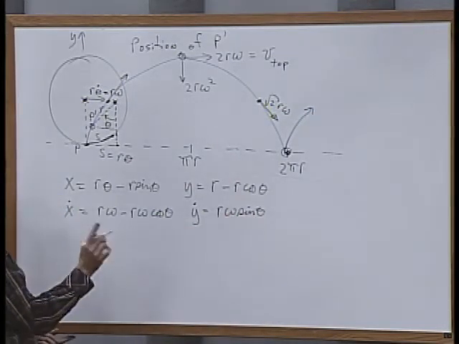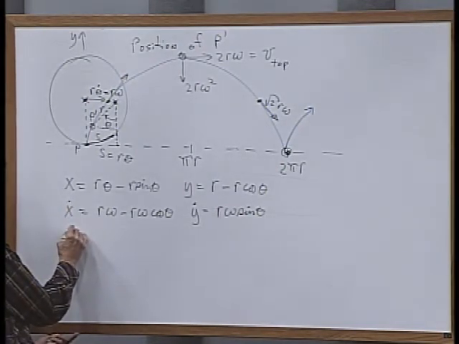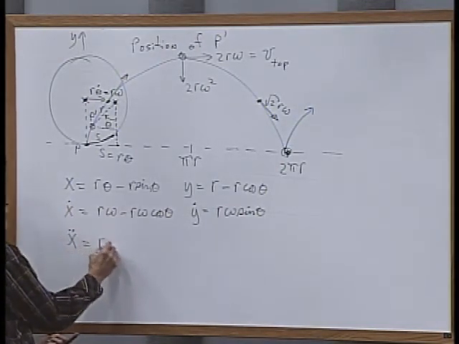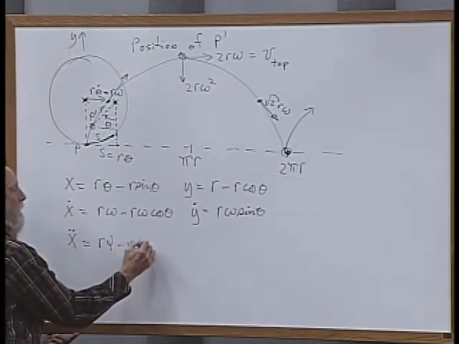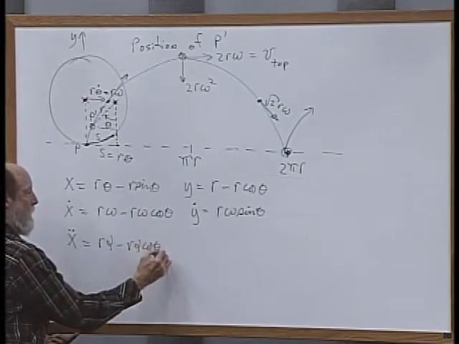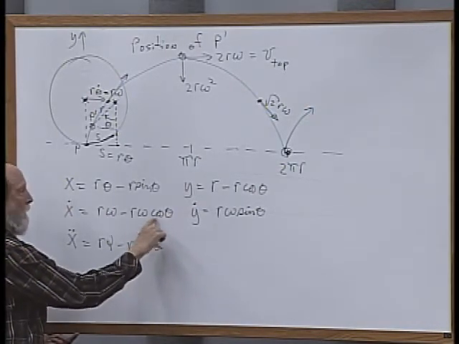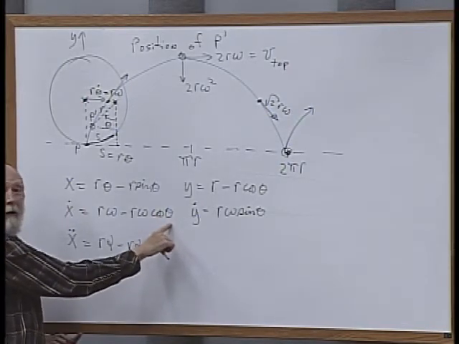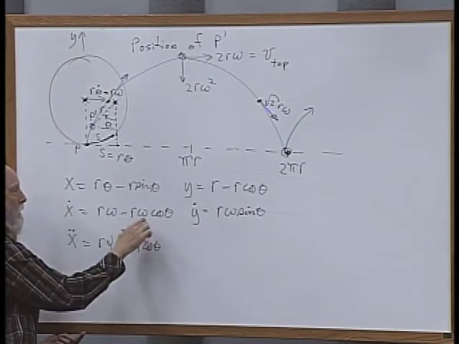Okay. Let's go ahead and get the accelerations while we're at it. X double dot, r alpha minus r alpha cos theta. Now that's a product rule going on here. Everybody with me? Product rule. So we did the derivative of the first.